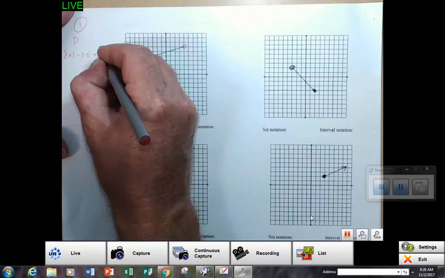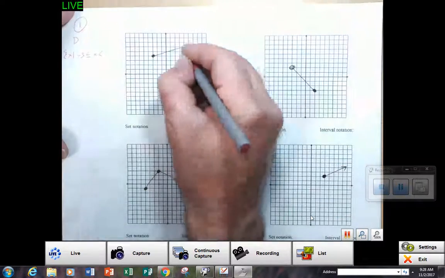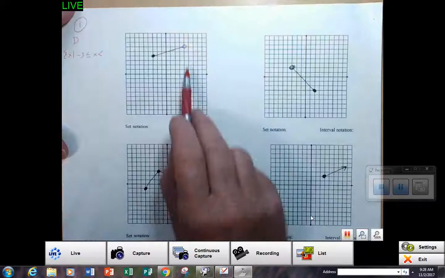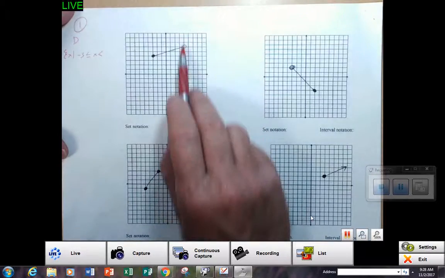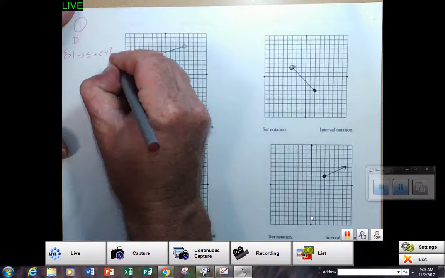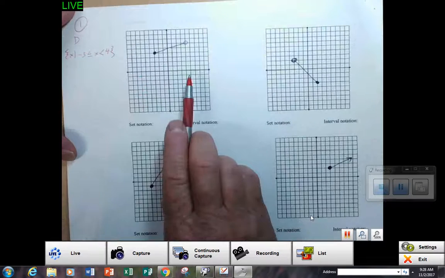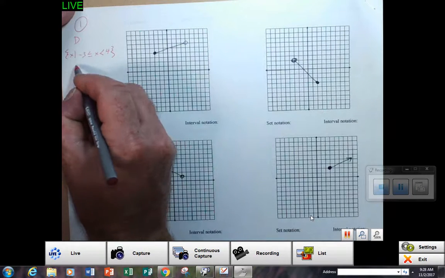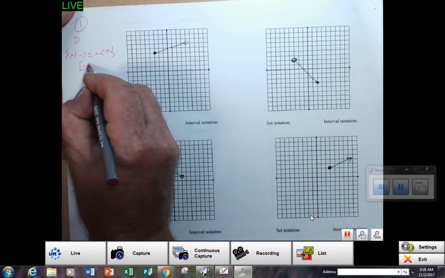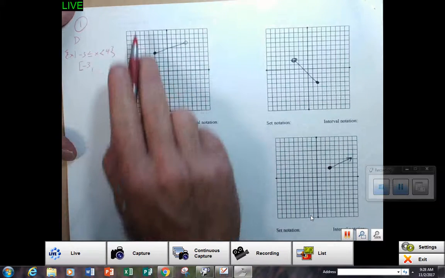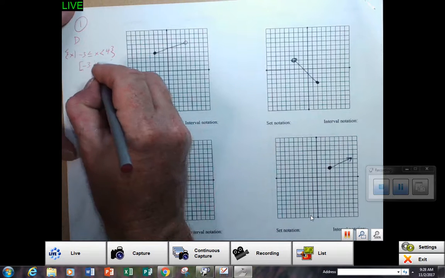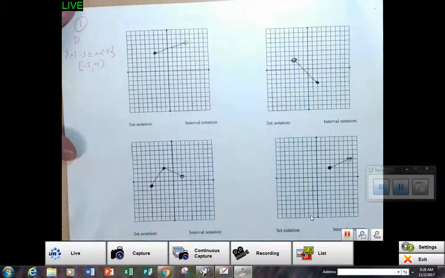My other inequality is going to be the plain less than because of that open circle and where it lines up with the x-axis here at 4. So that is from -3 to 4. That is my domain. In interval notation, square bracket -3, comma, 4, rounded bracket, because that's an open circle right there.